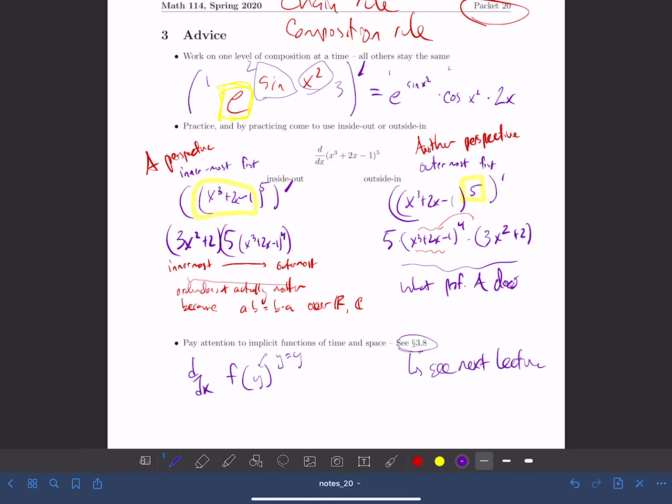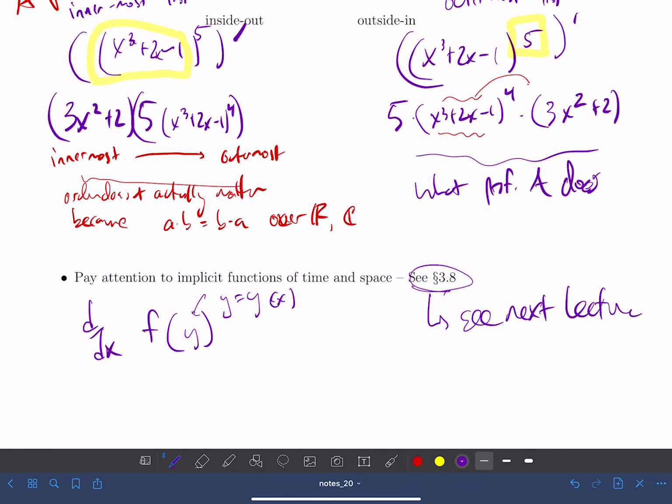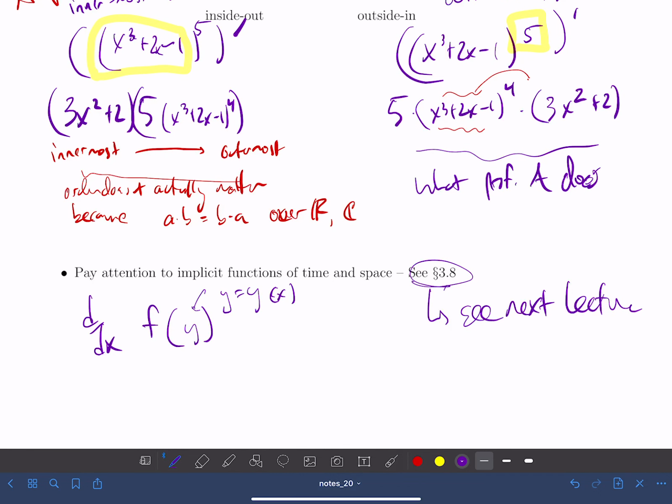Y is implicitly a function of x. How do you know that? Well, you would know that because you somehow understood it. See the next lecture. And so we have to be sure to chain out the derivatives of y with respect to x in order to get there. And that'll make more sense, again, when we do section 3.8.